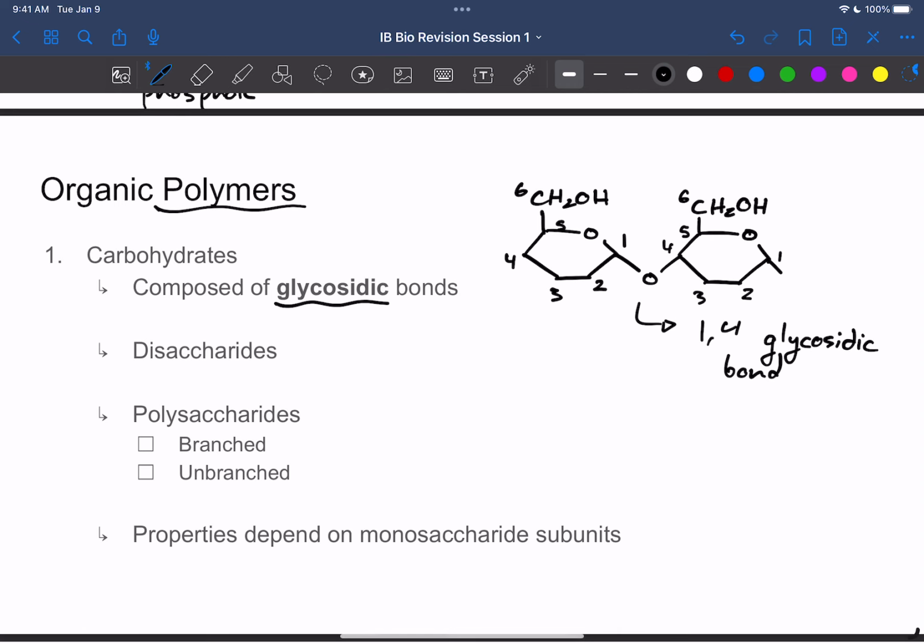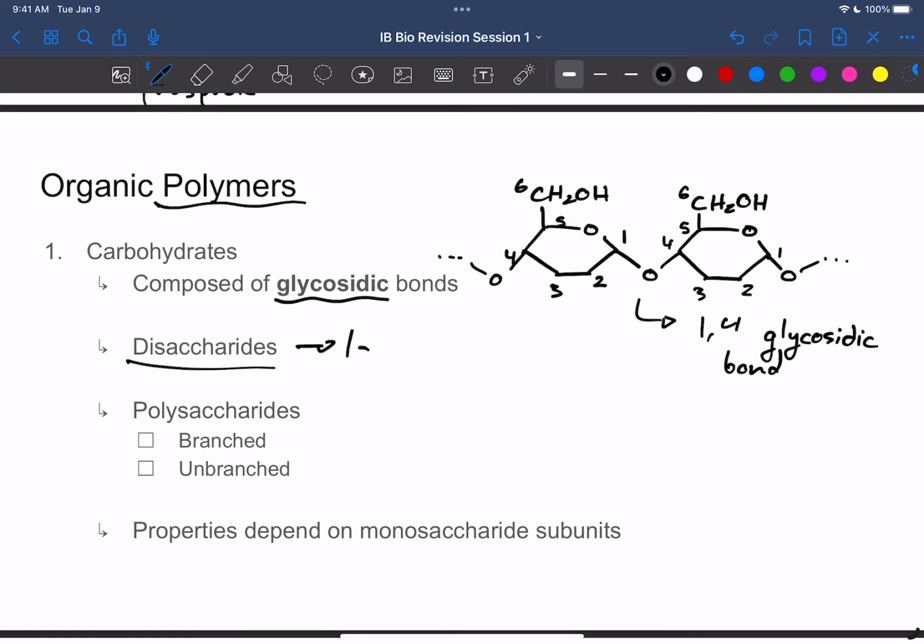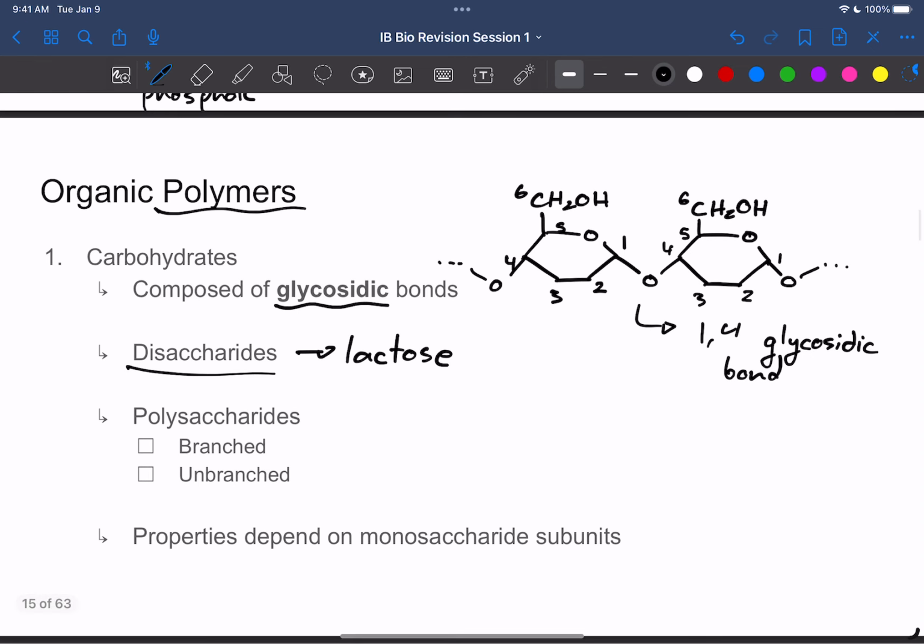You can have things like disaccharides, and an example of this is lactose. And you can have polysaccharides, an example of which is amylopectin and cellulose.